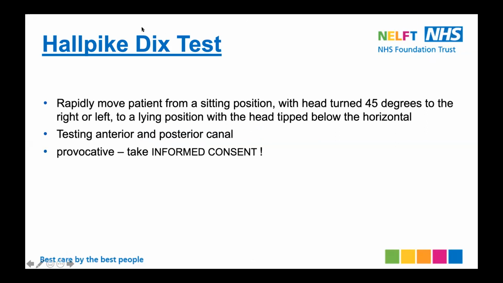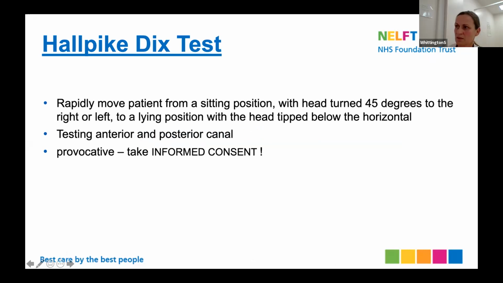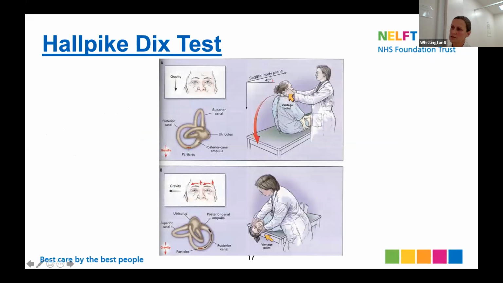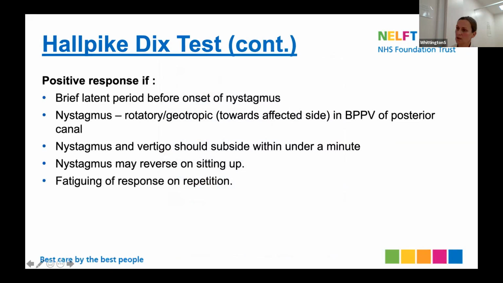Paula, if you could go to the next slide. So, Hallpike-Dix. The Hallpike-Dix test is the test that we can use to test for BPPV. It is a provocative test, so you really have to take informed consent from your patient beforehand.